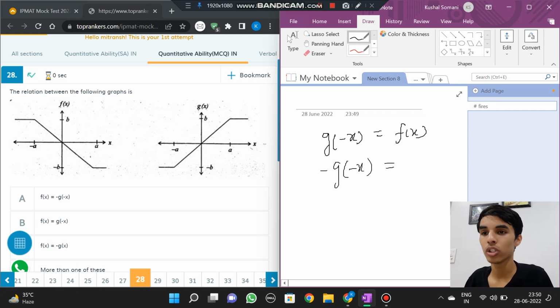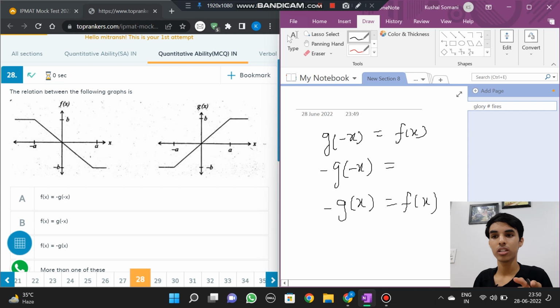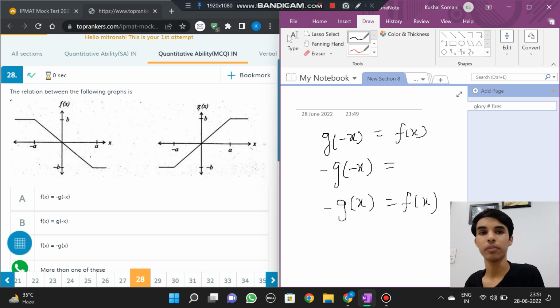That is, minus g of minus x will provide us the function g(x) only, because if we take the mirror image two times, we get the same function. But if we just put a minus in front of g(x), we'll get f(x), because we're again taking the mirror image with the y-axis as the mirror of g(x), which provides us nothing but the function f(x).